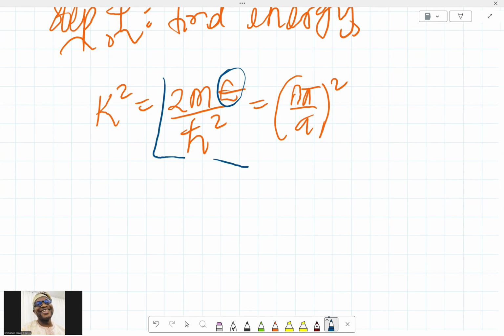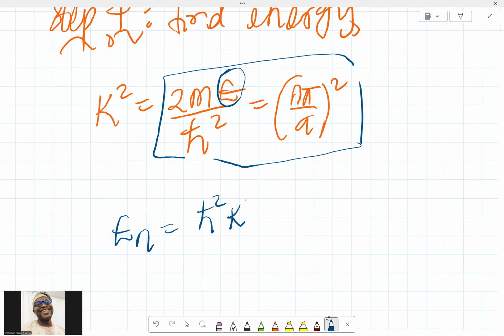If we just take this expression, we can have E n equals h bar squared k squared all over 2m.